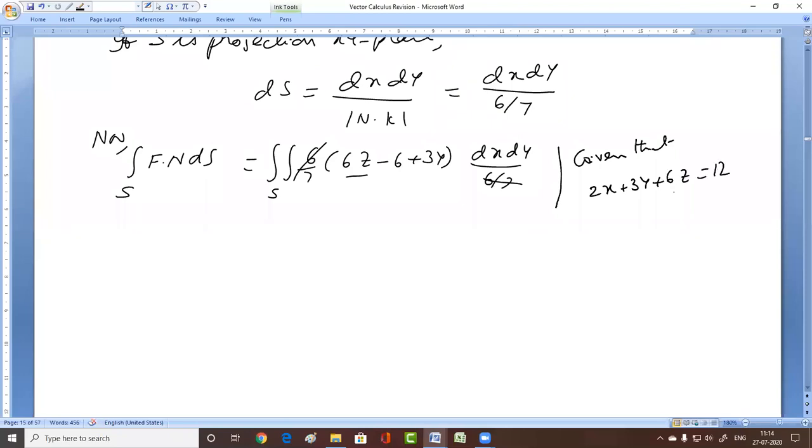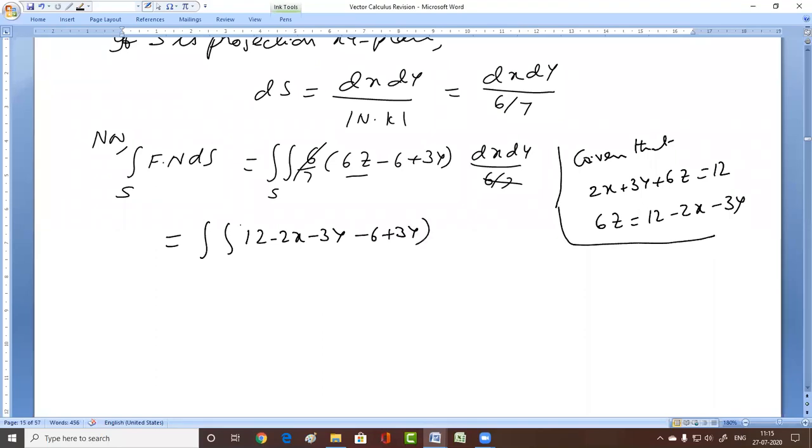From this, 6z is 12 minus 2x minus 3y. Now substitute 6z in this integral: the double integral of (12 minus 2x minus 3y minus 6 plus 3y) dx dy.